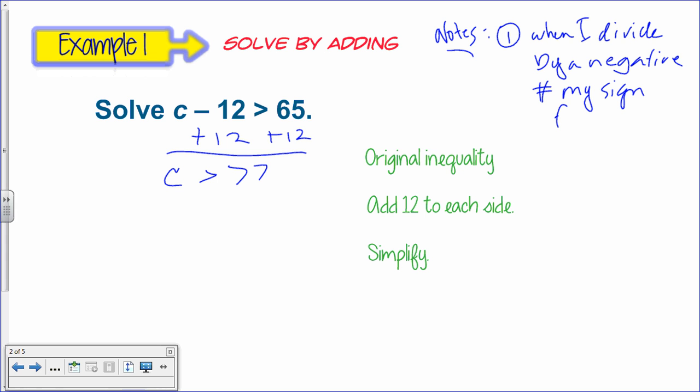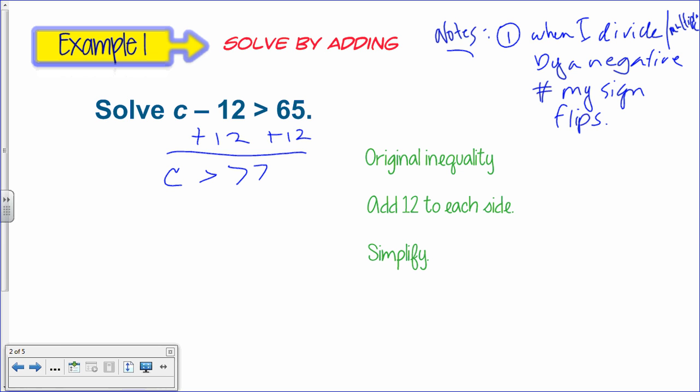My sign flips. And when I divide or multiply by a negative number, my sign is going to flip.